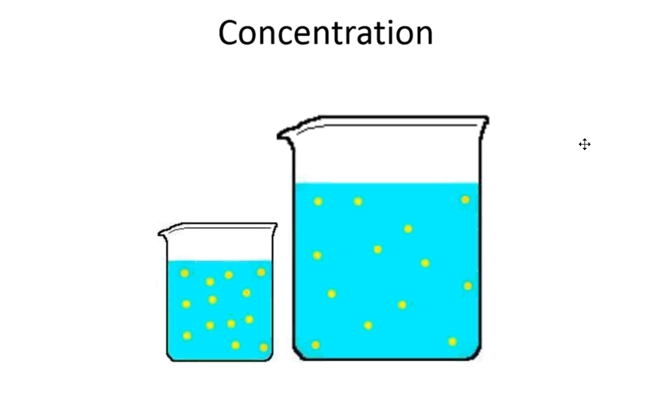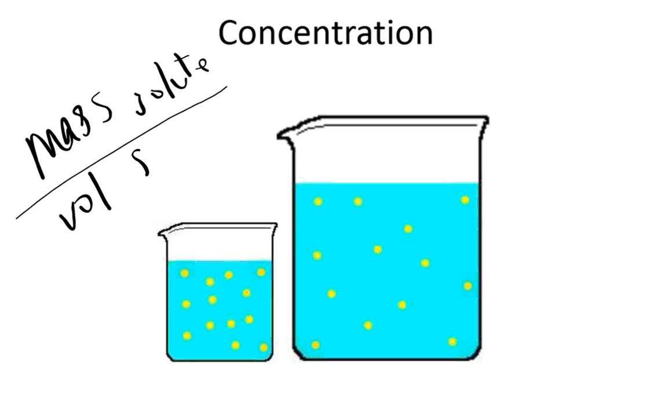So when we talk about concentration, this is the amount of solute per volume of solution. There's a simple equation that you could do with this: the mass of the solute divided by the volume of the solution.